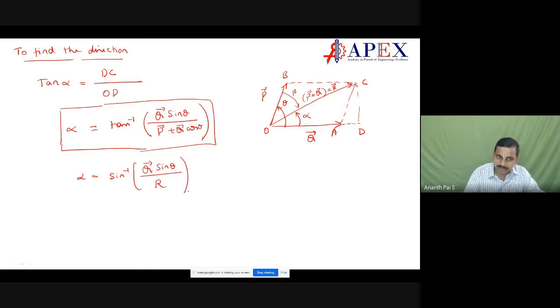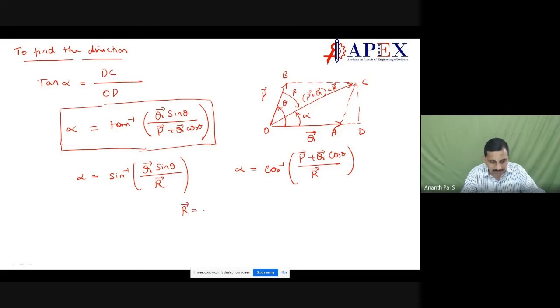I can write it like this. Or we can say alpha can also be equal to cos inverse of P plus Q cos theta divided by the resultant R. What is the resultant R, students?